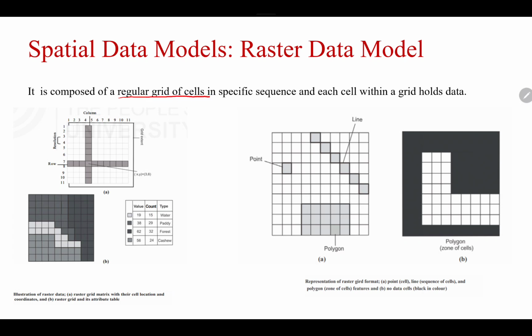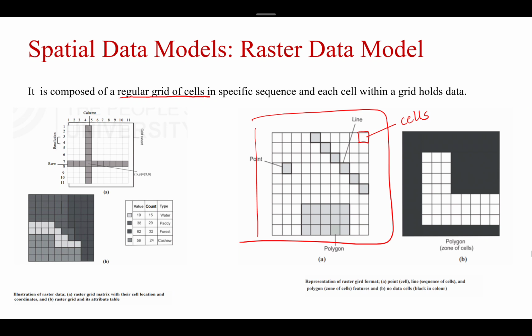This entire grid that you see has small squares which are called cells. These cells are in a very particular sequence, in rows and columns. My horizontal will be rows and vertically these are called columns. These are cells and it is a grid of cells.